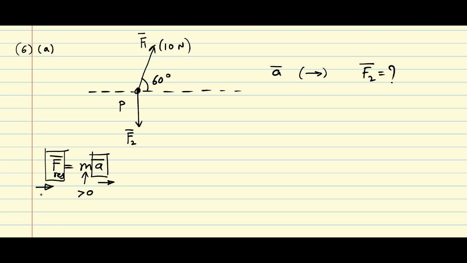So in short, the question when restated says the following: if the resultant of F1 bar and F2 bar is in the rightward direction, then what would be this force F2 bar? What would be its magnitude?